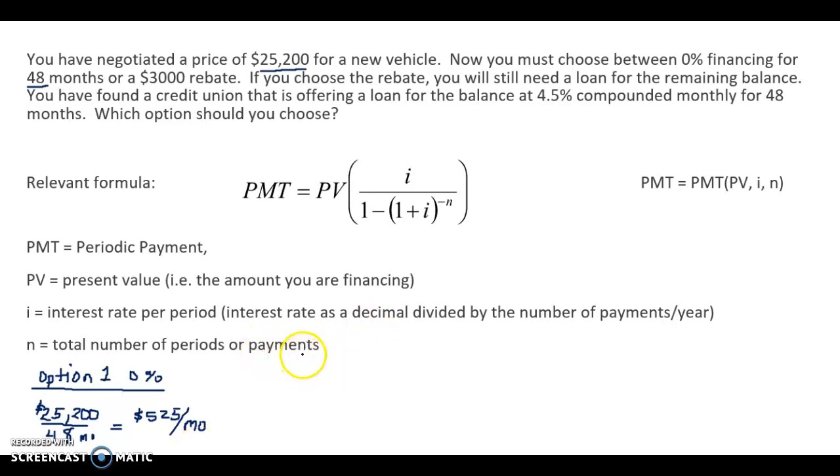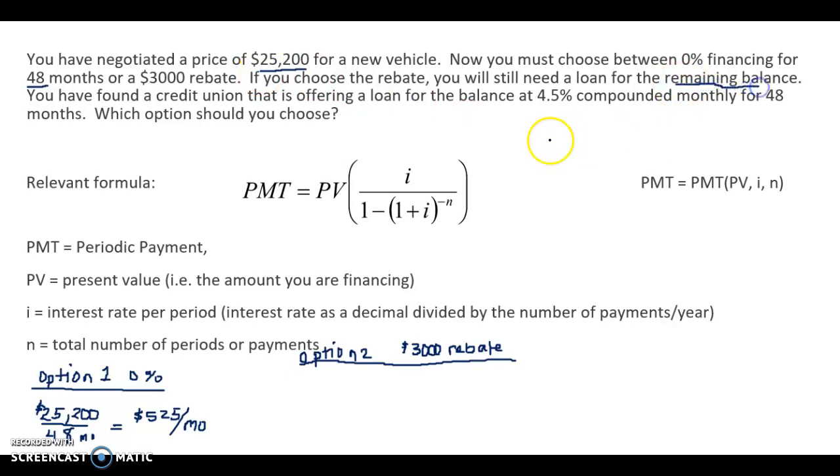If I choose option 2, which is the $3,000 rebate, what is going to be my payment and which one is going to be really the better deal for me? If I choose the rebate, that means I'm getting $3,000 off the price of the vehicle, and then I'm going to need to finance the remaining balance.